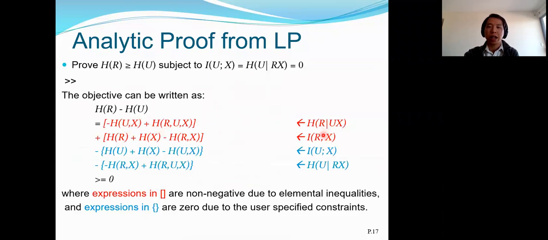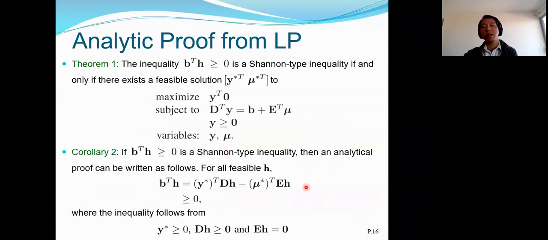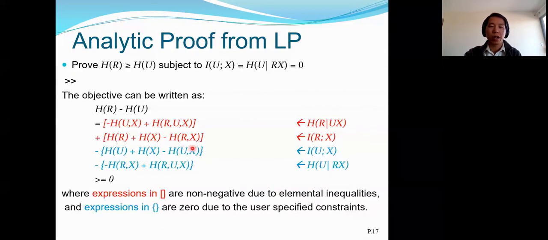So basically they are coming from 2 rows in matrix D. And similarly, we do that for the elements which are positive in the vector mu star from the feasible solution, and we pick up the corresponding rows in the matrix E. Remember, in the matrix E, the rows correspond to the equality constraints. So that's why from the feasible solution, Y star and mu star, we can construct a proof like this.